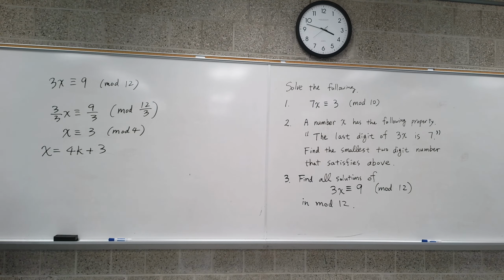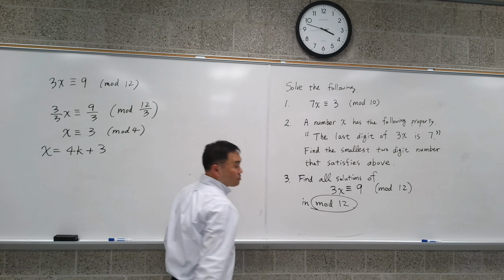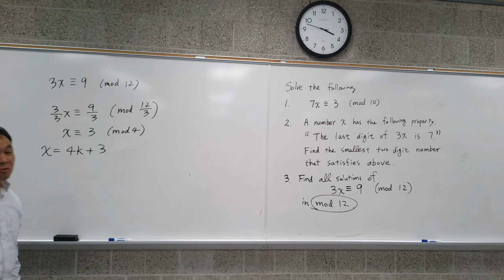But see that the question is asking us to get x as mod 12, right? So we need to somehow convert this into 12 times something plus something. And we're really looking for that. One way to get the answer is just by listing every number.